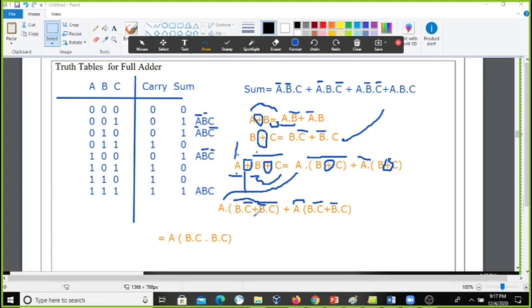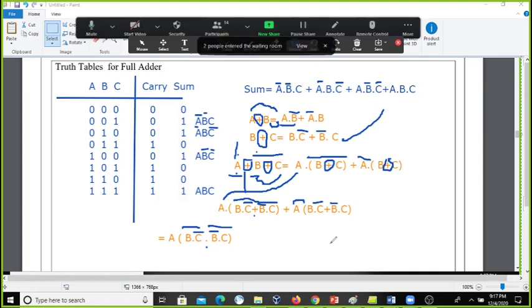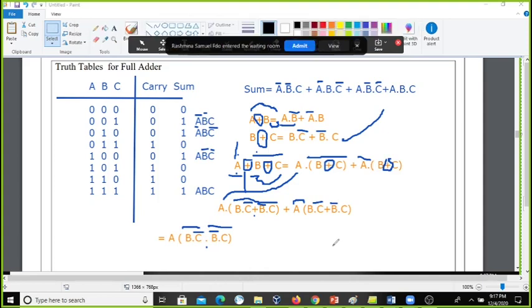Here this addition changed to multiplication, and the BC bar we can write like this, and B bar C you can write like this, and there's another bar on top. When you apply De Morgan's, this bar will be separated to each like this. Exactly, that is the step.